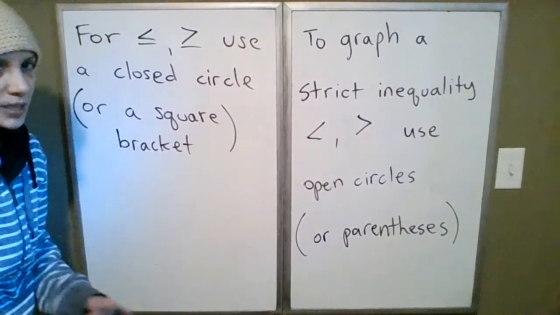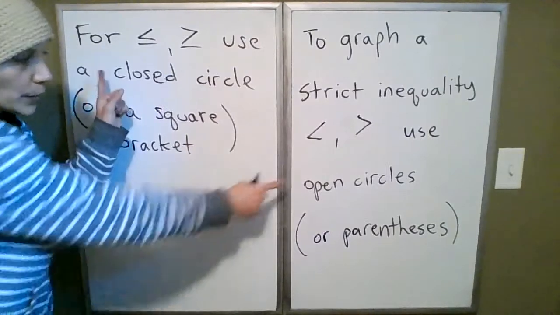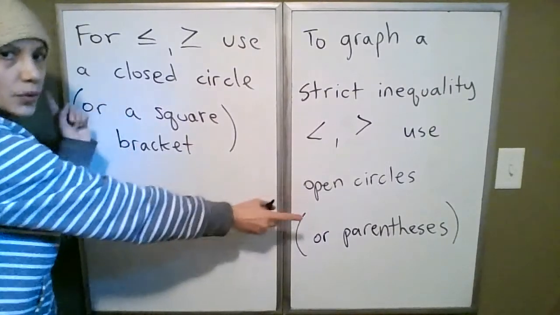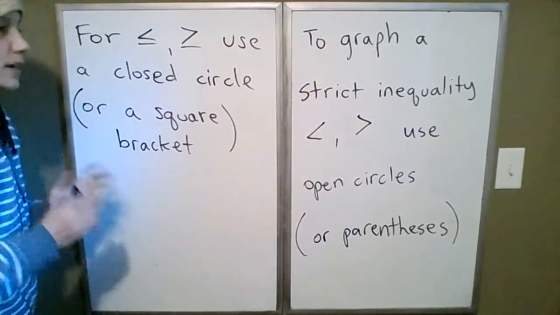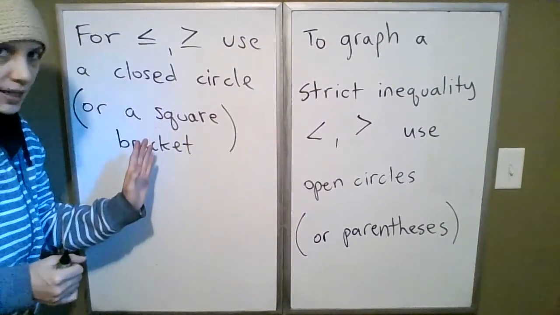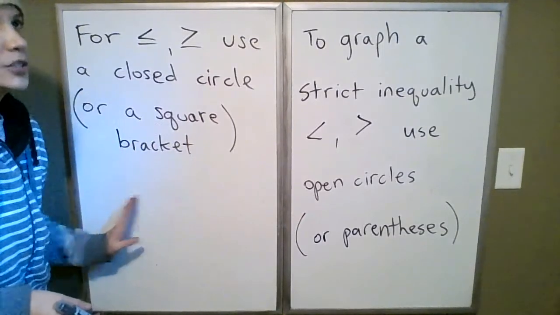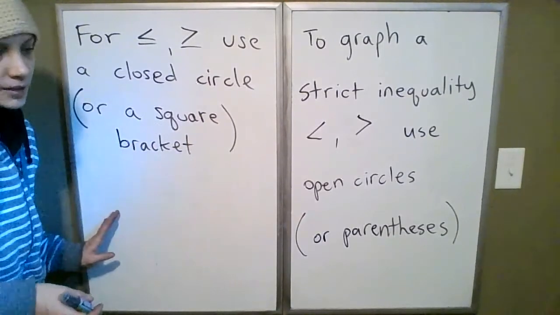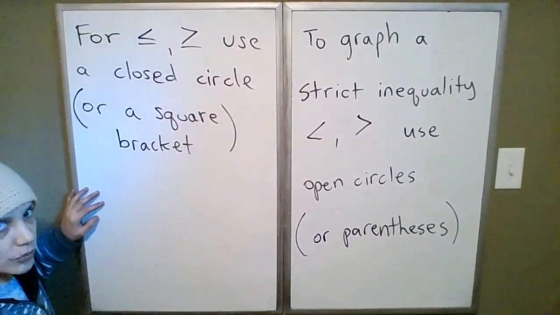Your homework helps you with this because it's online homework, but you either go with open or closed circles, or you pick brackets and parentheses. You don't mix them together. Then you place these over the endpoints, which we'll talk about finding, and shade over the solution section. So shade over values of the variable that make the inequality true.